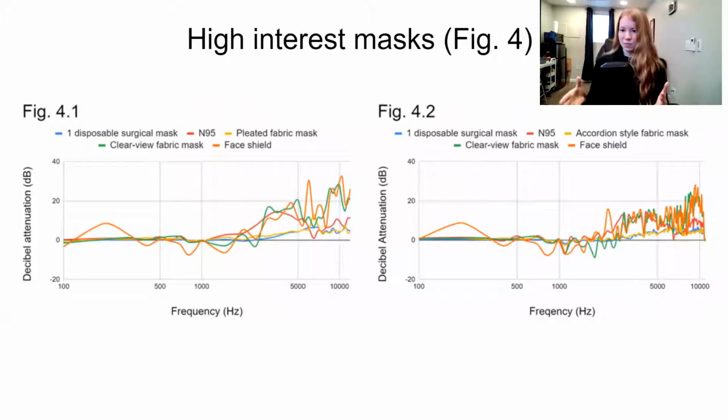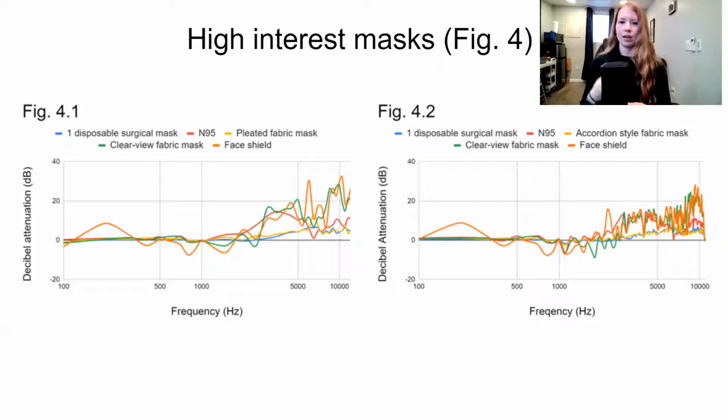In terms of high interest masks, easily applicable masks to society, I included on these graphs 1 disposable surgical mask, N95, pleated fabric mask, Clearview fabric mask, and face shields. Over on the left, we have the pure tone reading, and over on the right, we have the audiobook reading.